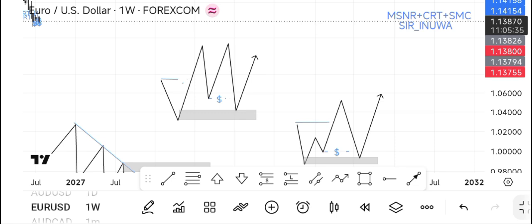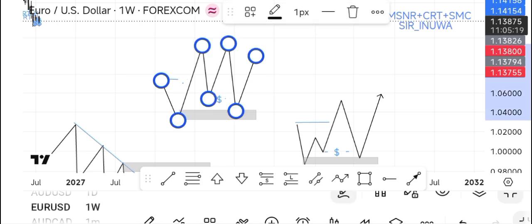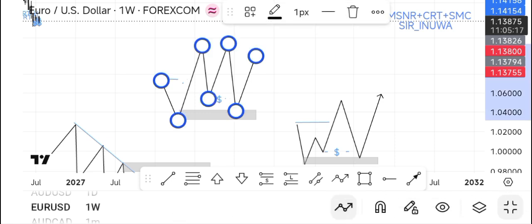If I didn't get any CRT on daily, and I got my CRT on 4 hour, then 5 minutes will be my entry. So in that 5 minute, that's the liquidity concept I'm using, this structure here.